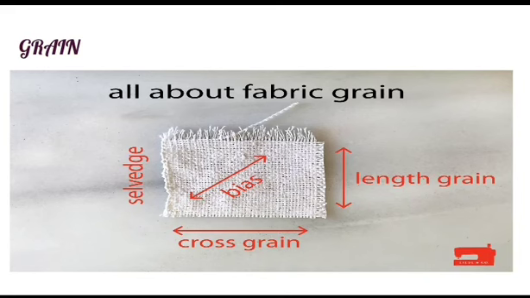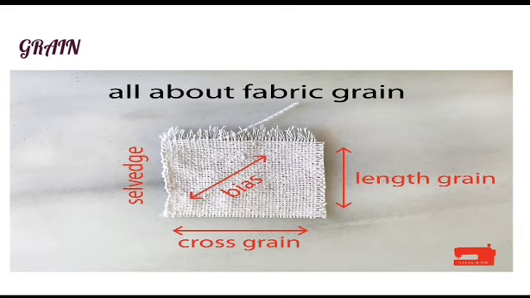Next, in this diagram, first see the selvage. The selvage is always in the lengthwise grain. The thickest area at both ends of the fabric we call selvage. Selvage runs only in the lengthwise grain.